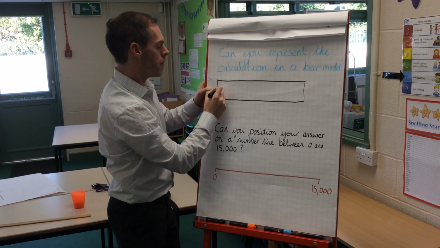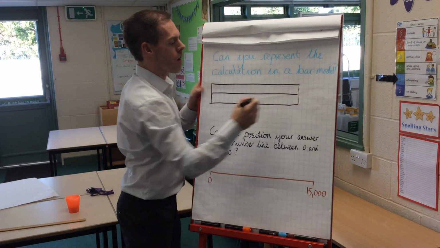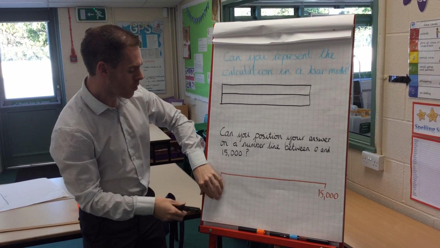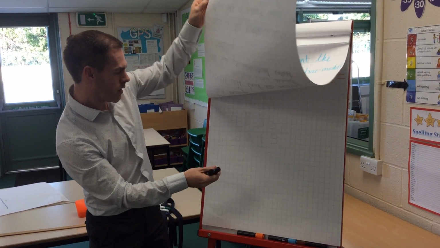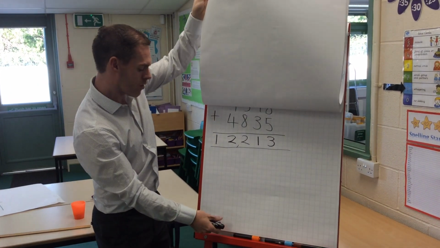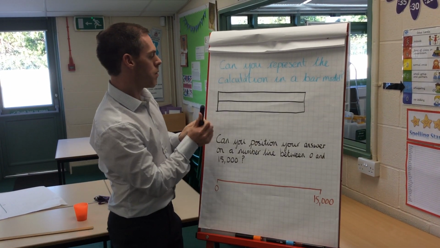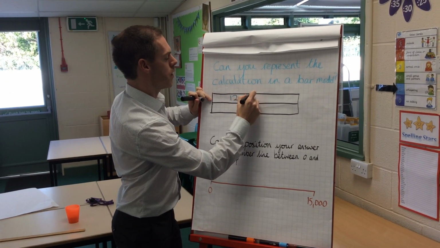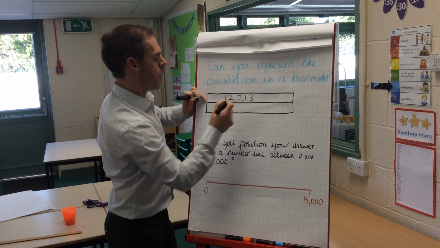So there's my bar. And my total goes at the top of the bar. So my total for that calculation was 12,213. So my bar is 12,213.